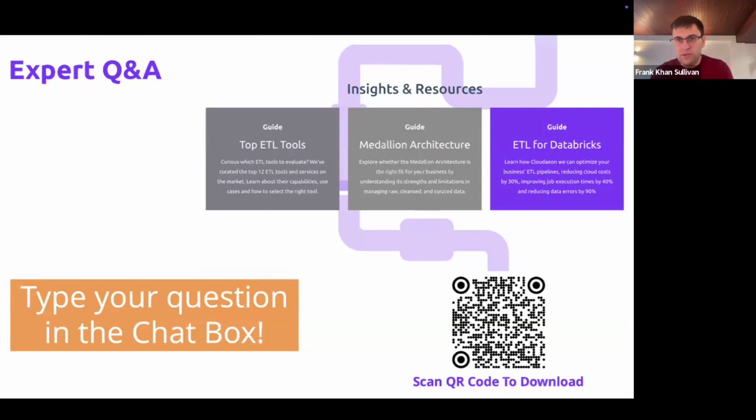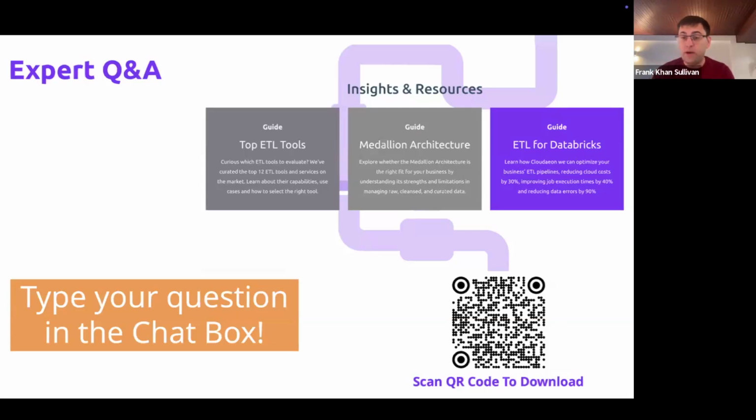Scan the QR code down here. We have a white paper, and we've got 3 guides: top ETL tools in the market, being able to assess clearly what framework for data movement is right for you. We've got a really good guide on the medallion architecture, also the strengths and weaknesses of how it compares to some other architectures.